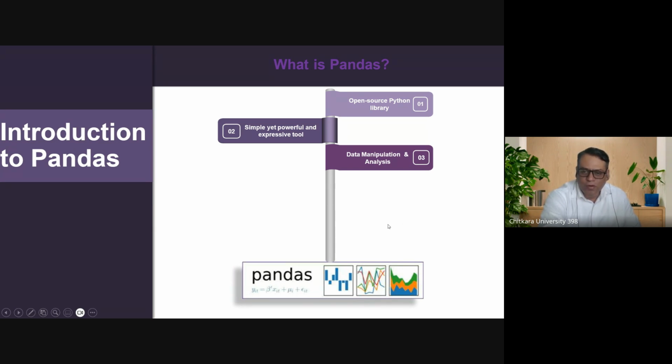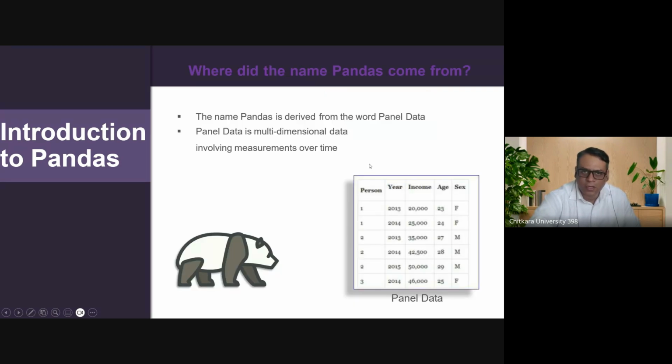With the help of this library, we can extract different file formats, and then we can analyze all this data. It is a simple yet powerful and expressive tool, and different data manipulation and analysis is done in the Pandas library.